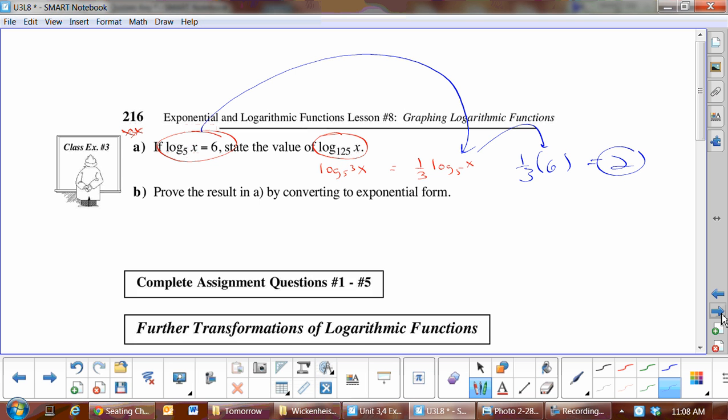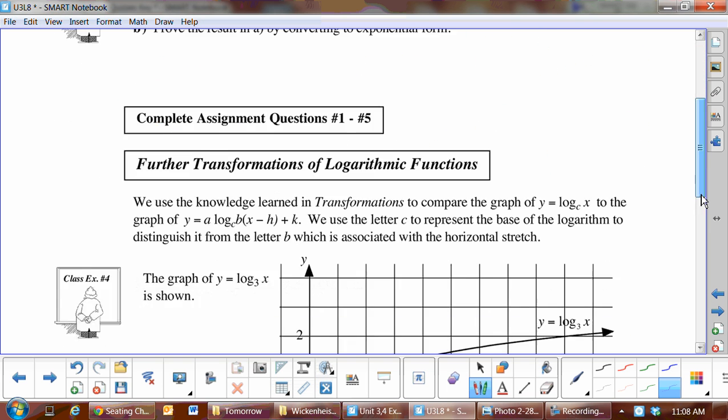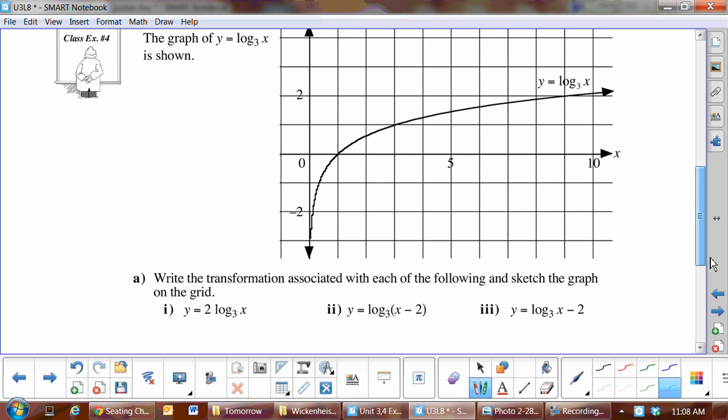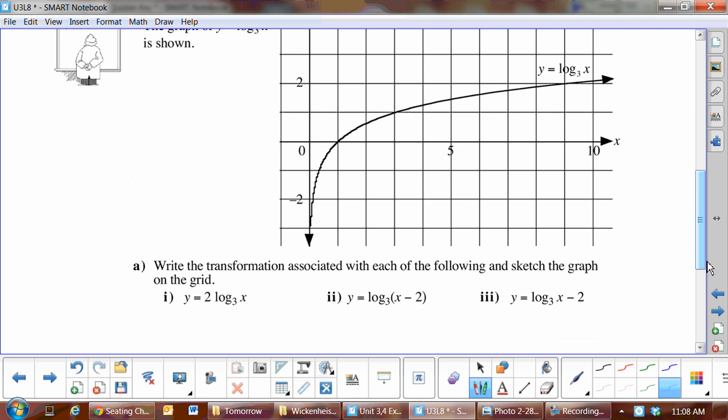Okay. The next one, great diploma question. They would say log 3 to the x. They gave it to you. And then they would give you 1, 2, and 3. Do you see them down there below?